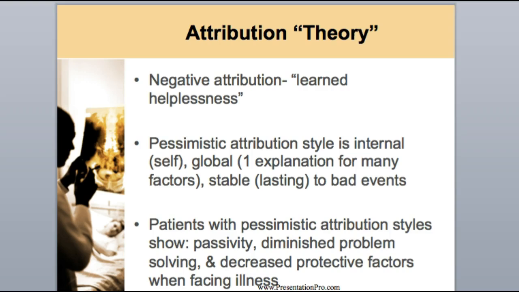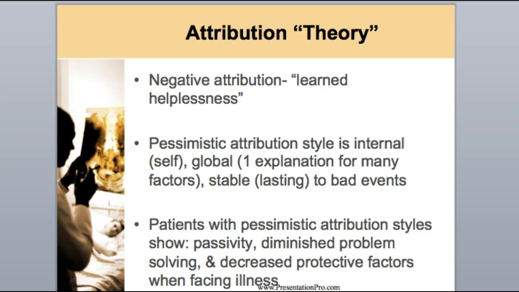When we think about attribution theory, we're also considering other elements such as negative attribution, which is what we also call learned helplessness, or pessimistic attribution style, which is internal, meaning coming from within, with also one explanation for many factors, and is considered more stable and lasting, and it's more applied to bad events.